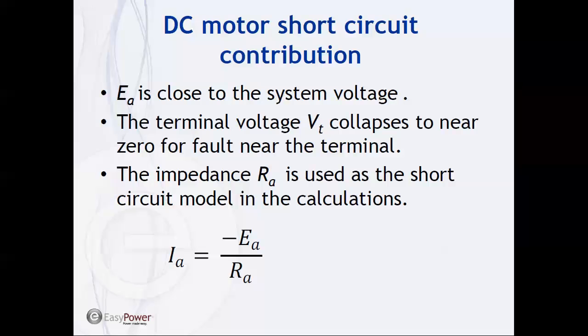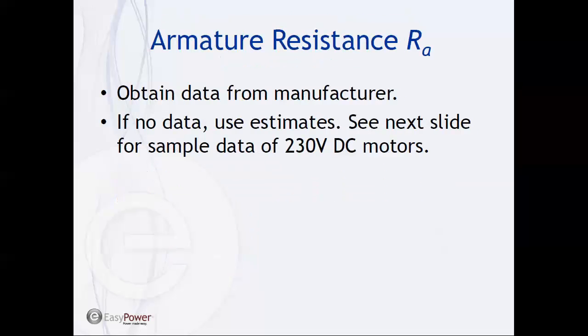When we calculate DC motor short circuit contribution, the terminal voltage collapses on the motor terminals if you have a fault on the terminals of the motor. And so the equation that we saw earlier reduces to this form. And so we are dividing the voltage by the armature resistance to get the short circuit current.